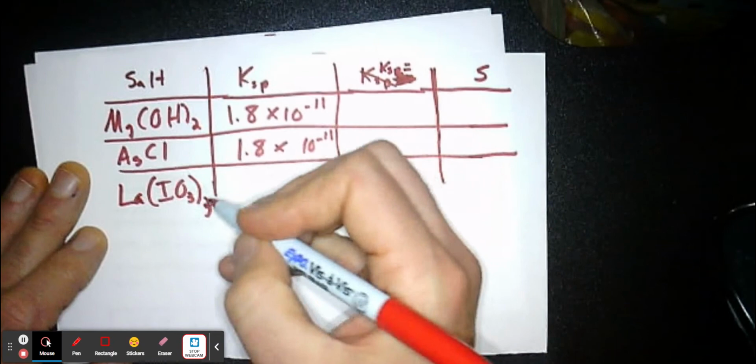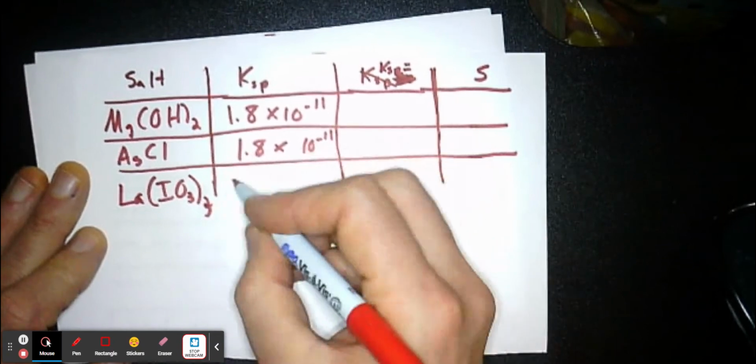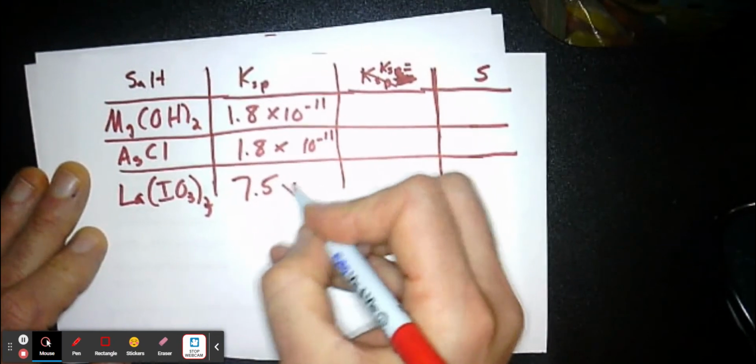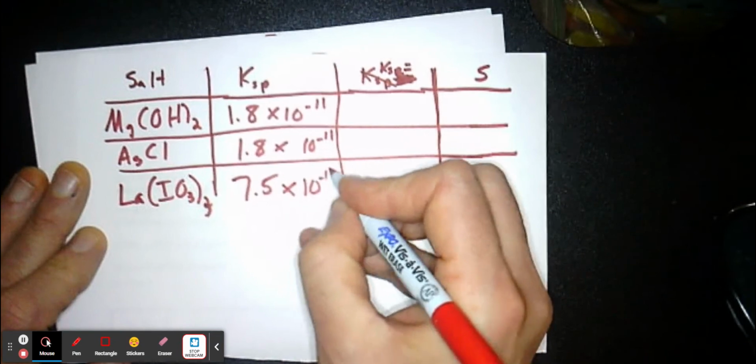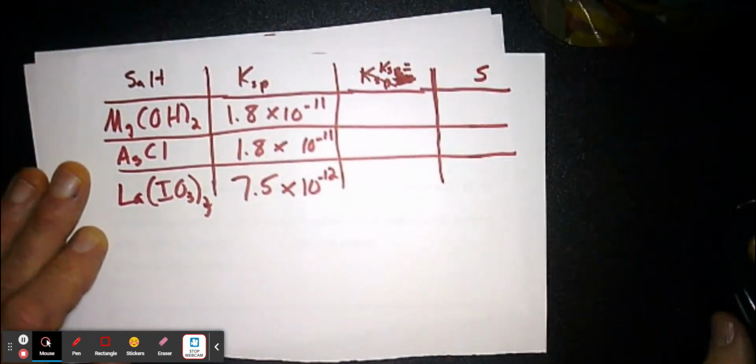And LaIO3 iodate is this. Here's La. It's not Los Angeles. I'm not sure, it's the lanthanide element. I've never seen it. It's kind of a rare thing. Kind of cool.